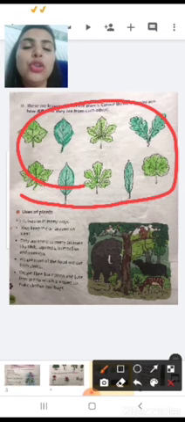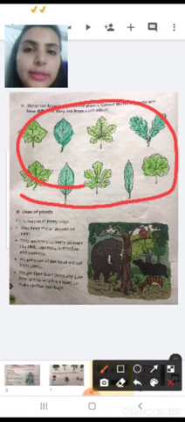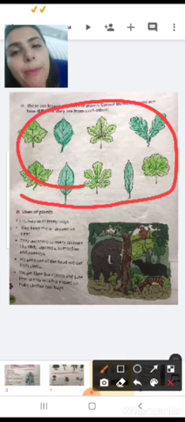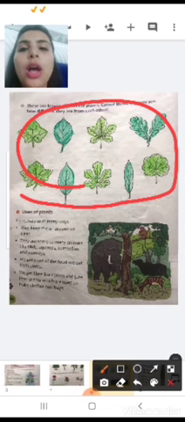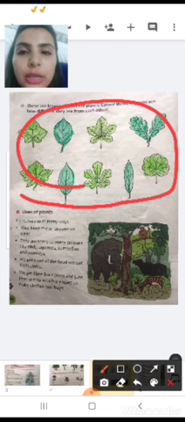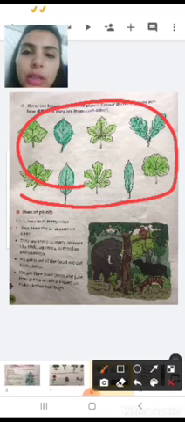So the first major use of the plant is that it provides us fresh air. Basically, plants breathe in carbon dioxide, the bad gas, and they leave out the good gas, oxygen, while breathing for us.